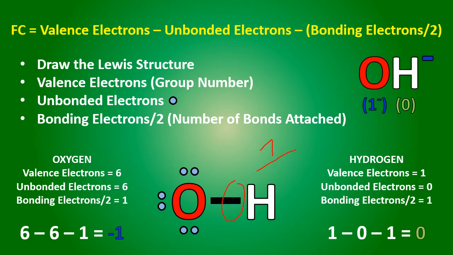So the bonding electrons, there's 2 bonding electrons in that covalent bond, divided by 2 is 1. So we end up with 1 minus 0 minus 1 equals 0. It's always going to be 0 for the hydrogen in our examples. Again, wrap the square brackets around it to put the charge on, because the charge is calculated, sorry, from the minus 1 plus the 0.